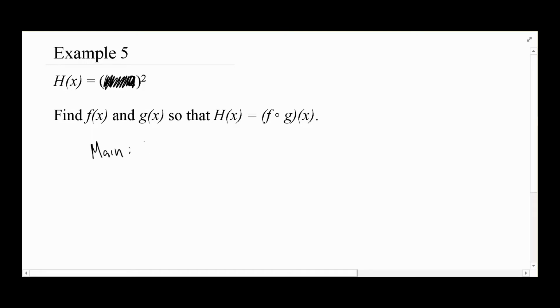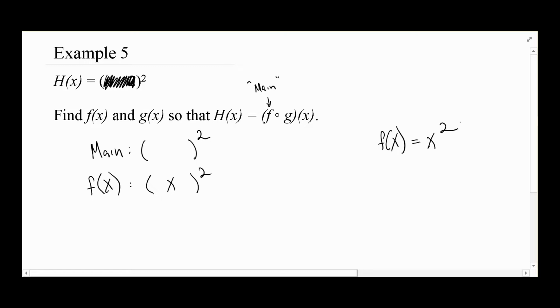The main thing that I see left in this case is something is being squared. So remember that my main thing is the outermost function, and so f is saying something is being squared. But I'm being asked, what's f of x? Well, that would be x squared. So to answer the question of what's f of x going to be, it's x squared.